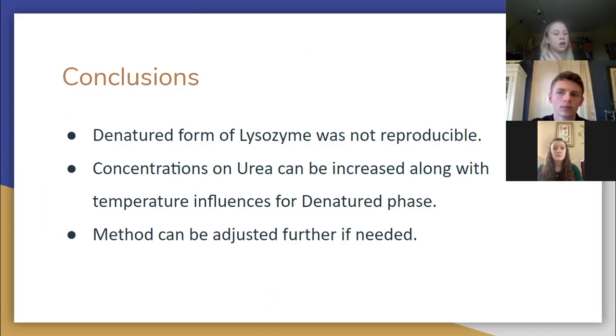Some conclusions, our denatured form of lysozyme was not reproducible in the time we had this semester. If we had had time to continue, the concentrations of urea could be increased along with temperature influences for the denatured phase to try to get our desired results, and the method could also be further adjusted if need be.